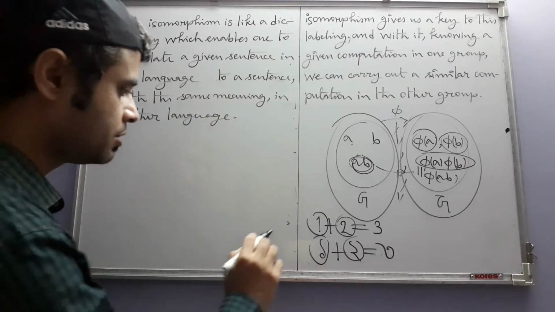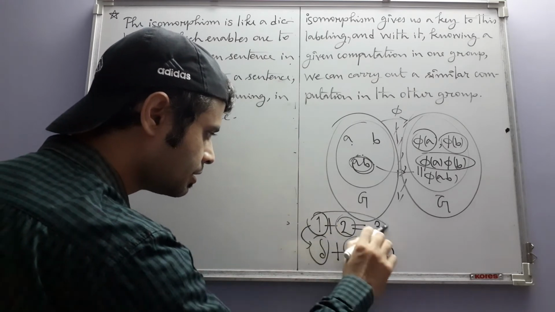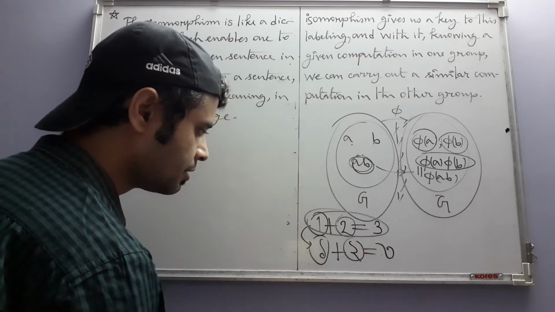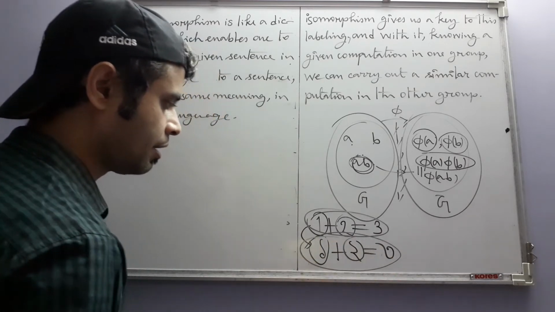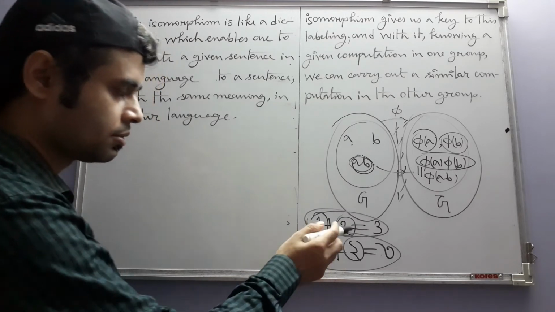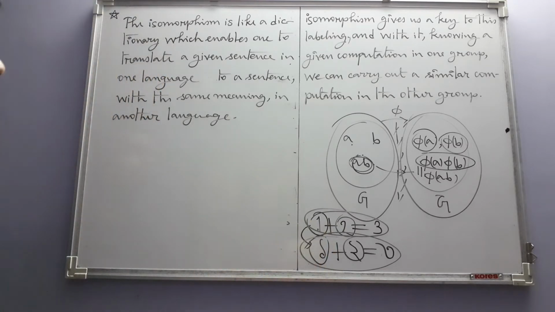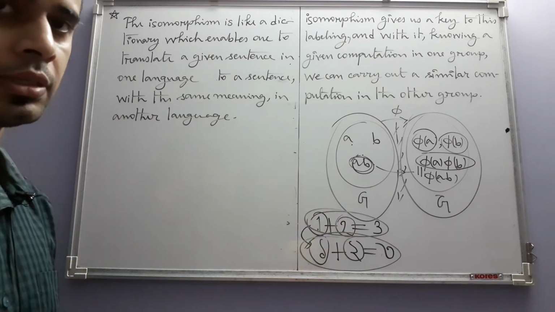The isomorphism enables one to translate a sentence in English into a sentence in Bengali having the same meaning. Of course, these are mathematical sentences having the same meaning, that underlying meaning is the same.